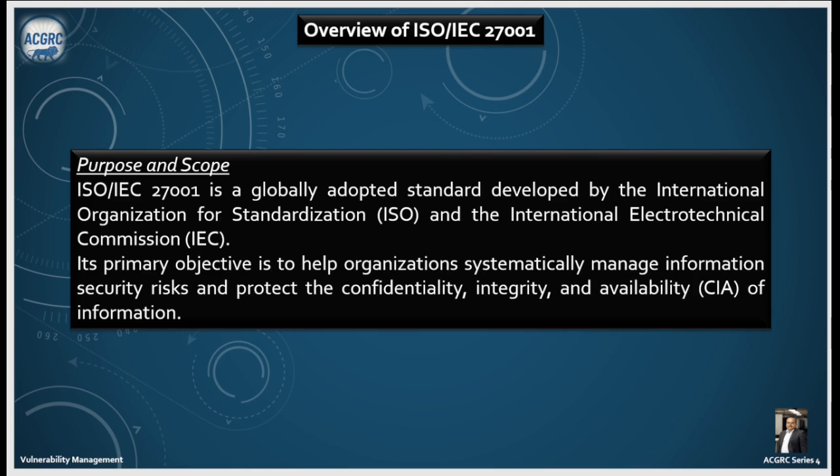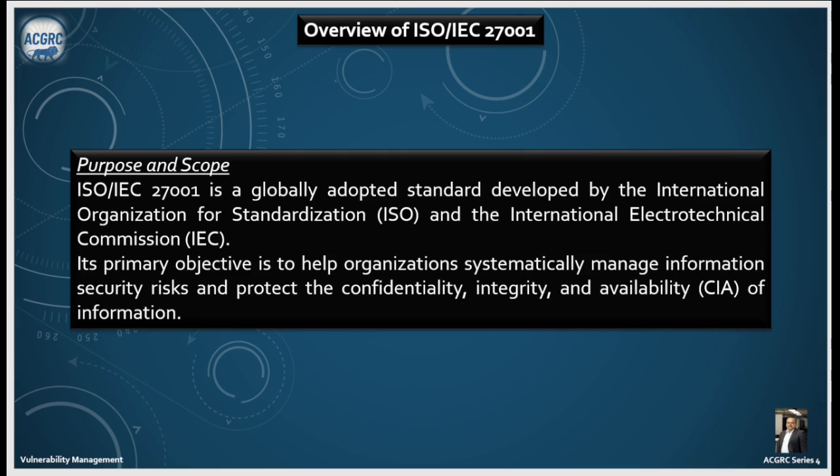The ISMS helps organizations identify security risk, put controls in place to manage those risks, and continuously improve their information security over time. It's not just about technology, it also includes people, process, and physical security.